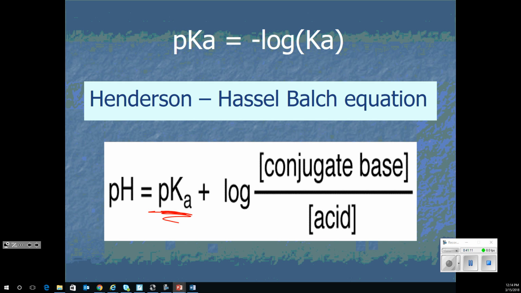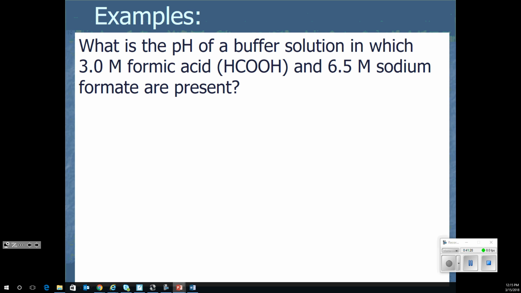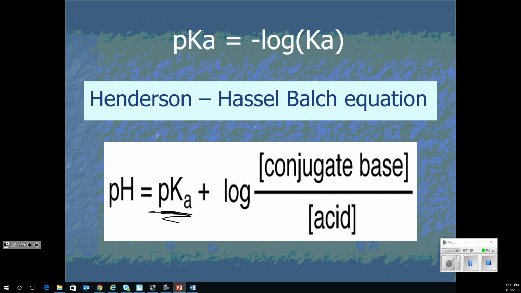So conjugate base over conjugate acid. You'll have some pre-lab that you'll need to be doing. I'm going to have to stop right there, and we'll actually go through these problems next time. But you do need to know that equation to get your pre-lab done.